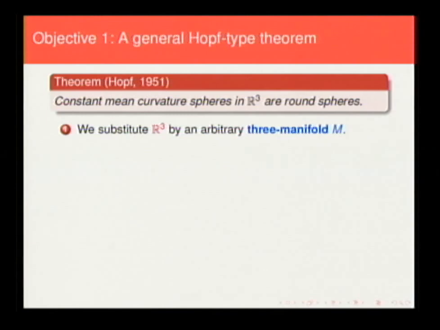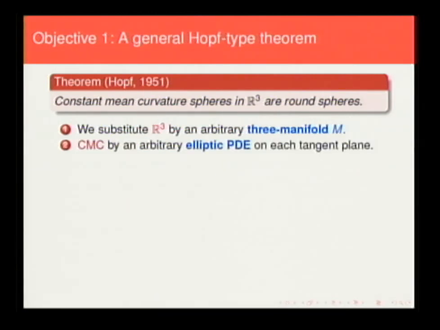For that, we are going to consider, instead of R3, the Euclidean space, as Hopf did, an arbitrary three-manifold M. We change the CMC equation and we substitute it with a general elliptic PDE. In the Hopf theorem, the unique spheres are round spheres, so we change round spheres for some candidate surfaces in the general context.